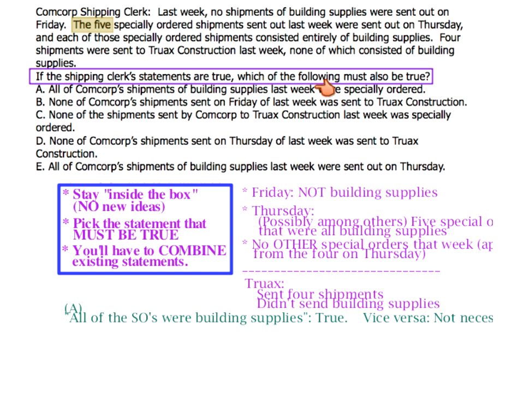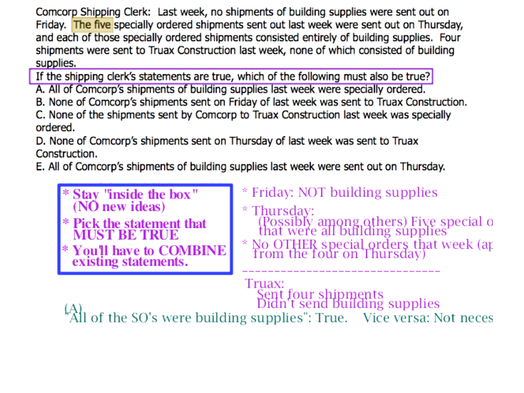B says that they didn't order building supplies. We certainly don't know that. In fact, the shipments on Friday were specifically shipments not of building supplies, and Truax also did not order building supplies. So it's perfectly possible that Friday's orders could have gone to Truax.